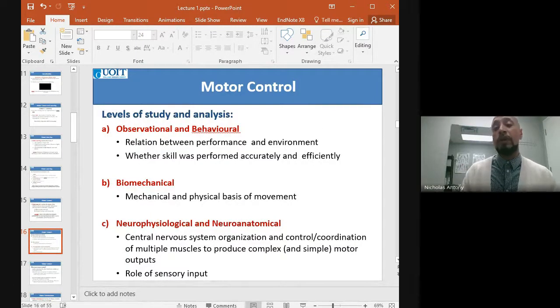And there are different ways to analyze motor skills from a motor control perspective. We can do it observationally and behaviorally, like we're talking about right now. You could analyze it biomechanically. I don't know if you guys have taken biomechanics yet, but as you get better, you are biomechanically more efficient. Your body has done the trial and error and become more efficient.